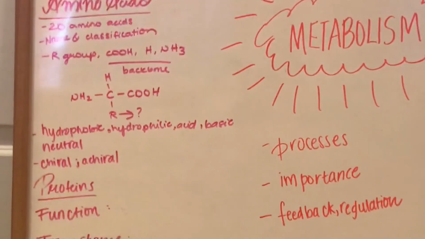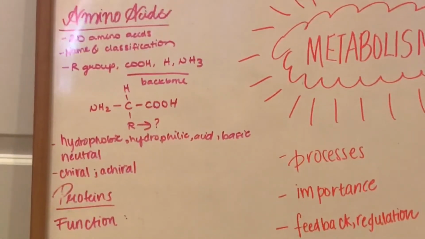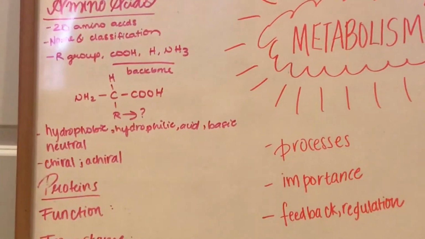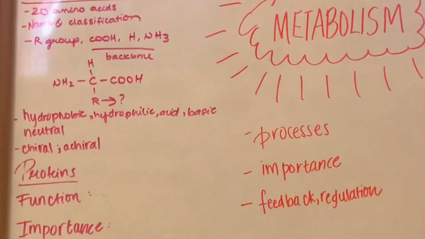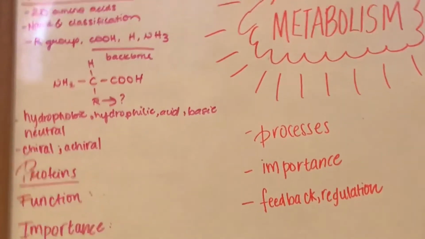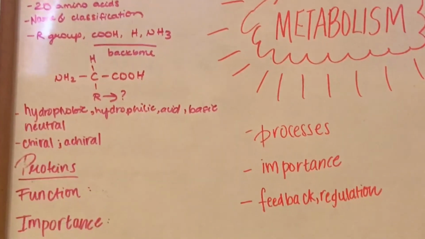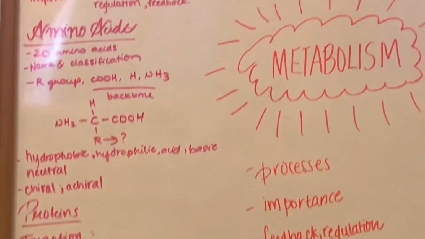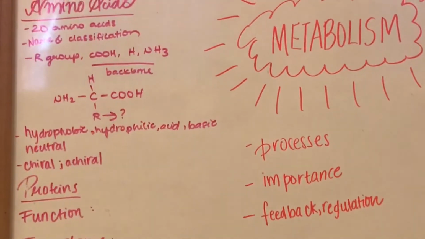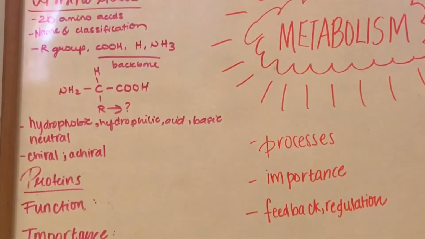So when I'm talking about amino acids, there's another important note for you to make sure you understand, which is chiral and achiral. Chiral is basically classifying whether a certain carbon has 4 different groups attached to it. It doesn't matter what those groups are, it has to be 4 different groups. In this case up here, you see that the carbon is attached to a carboxylic acid group, an amine group, a hydrogen, and an R group.